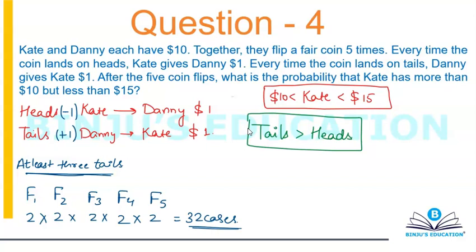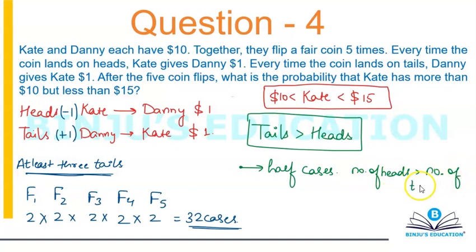Can I conclude two things from here? One is, for half the cases, the number of heads on the top face will be more than the number of tails. That's one thing for sure.